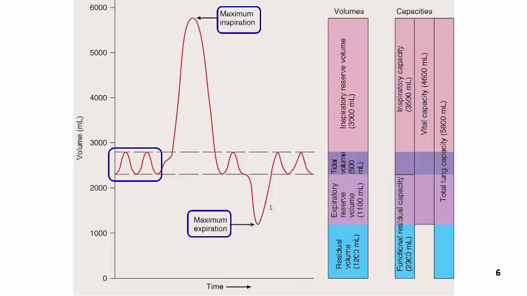On the lower part of the tracing is maximum expiration, and this refers to how much air a person can push out of their lungs when activating those expiratory muscles. And the first observation that we see here is that the volume of air that can come into the lungs exceeds the maximum amount of air that can be pushed out of the lungs.